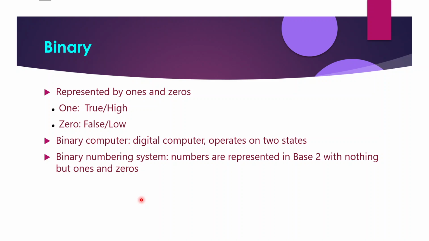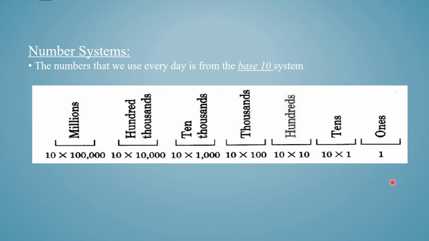Binary computers are digital computers, meaning they just run on these two states of high or low. A binary numbering system is represented as base 2, meaning that the only symbols in the number are ones or zeros.